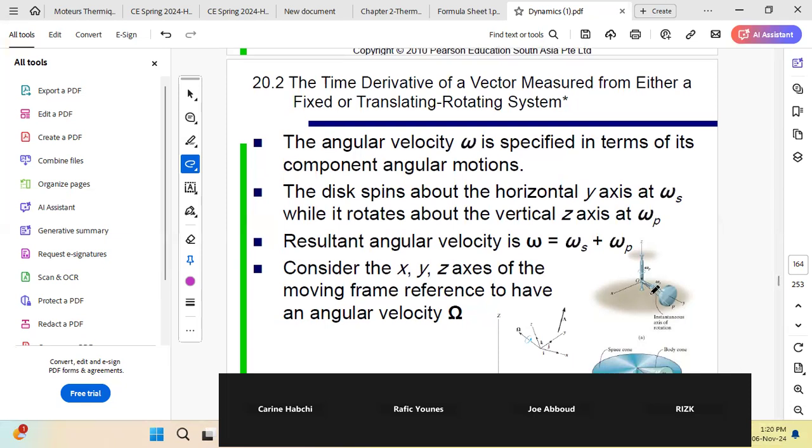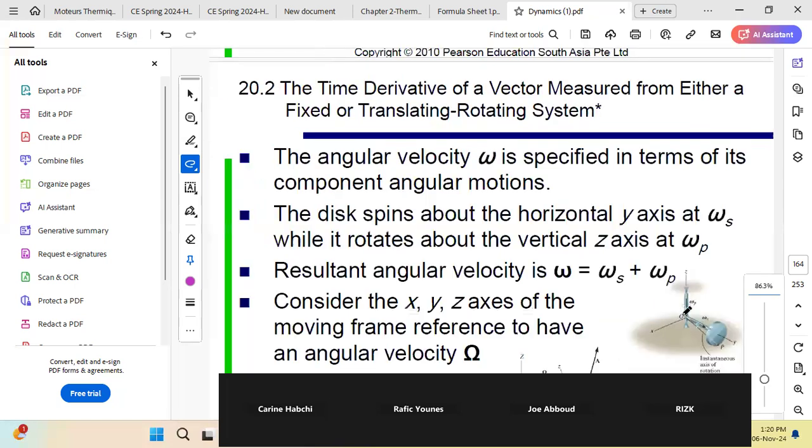Let me zoom in a little bit. You have a disk. This disk can rotate about its axis, and at the same time the axis of the disk is rotating about Z. So imagine what we have: a disk that can rotate about its axis, but its axis is not fixed. The axis of the disk will also do rotation about that axis.